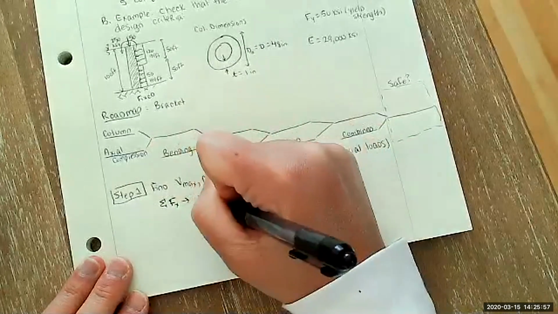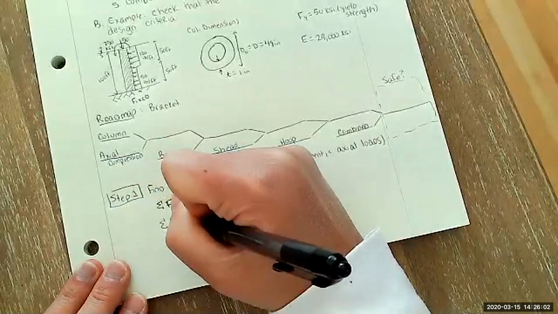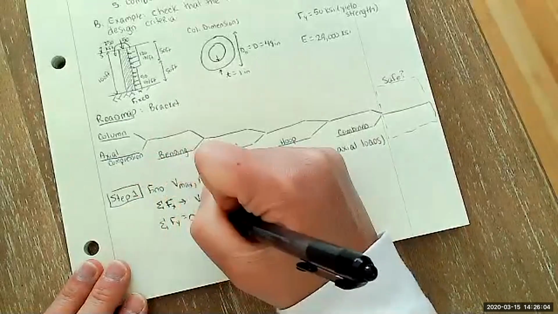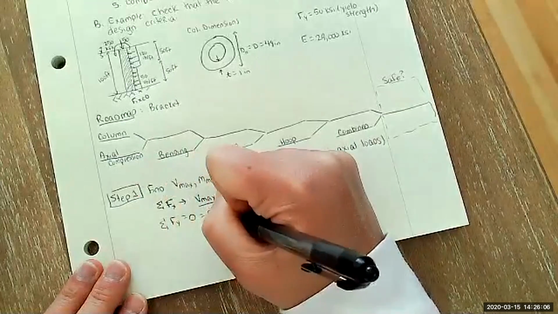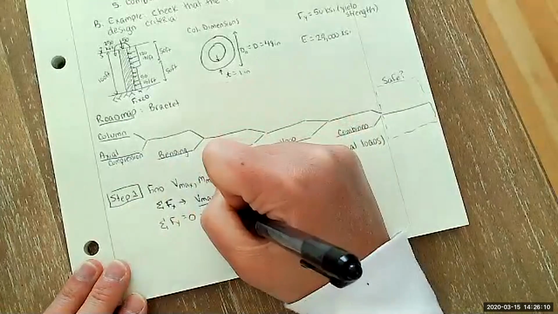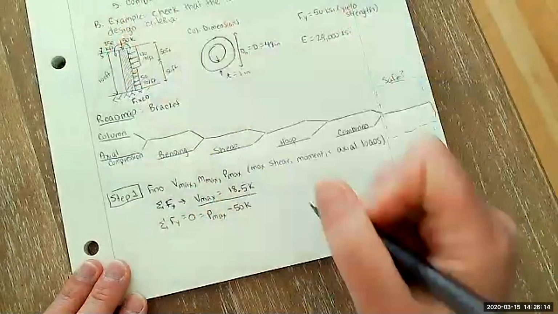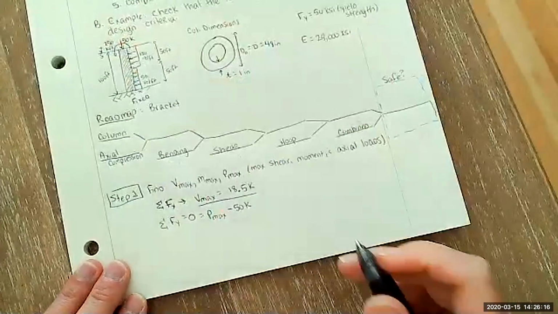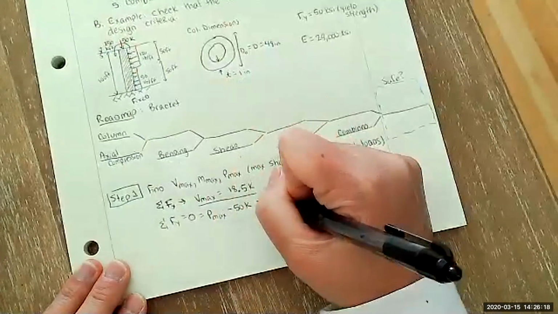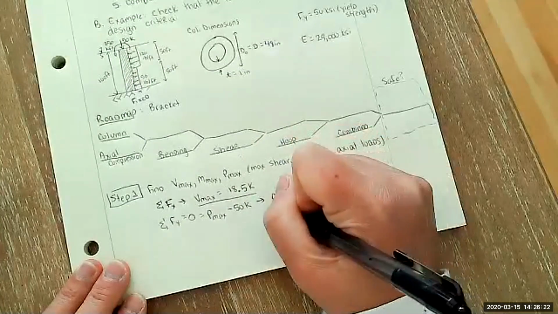18.5 kips. If I sum the forces in the y direction, 0 equals P max, which is my reaction, minus 50 kips. I needed to put units up here. That's our only force in the y direction, so this gives us P max equal to 50 kips.